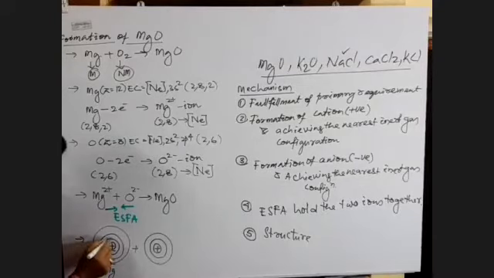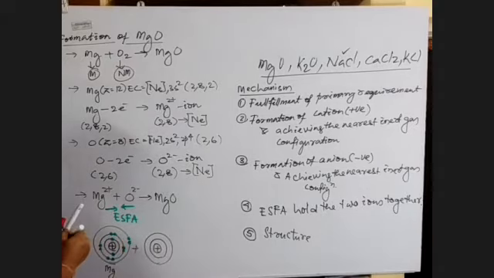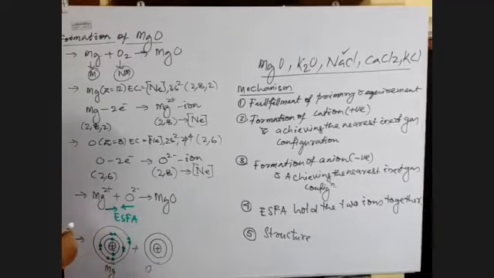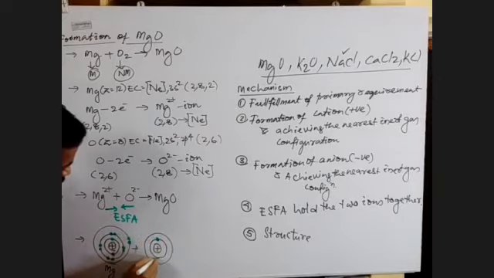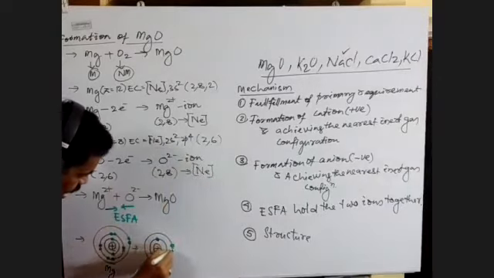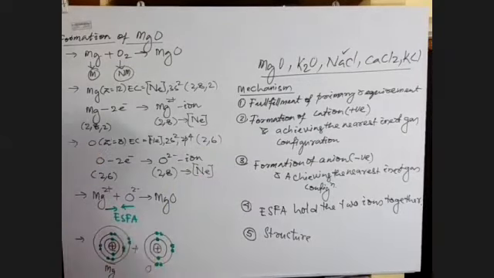Magnesium has 2 electrons in the first shell, 8 electrons in the second shell, and 2 electrons in the third shell. Whereas this is your oxygen. How many do you check here? The first shell consists of 2 electrons, the second shell consists of 6: 1, 2, 3, 4, 5, and 6.